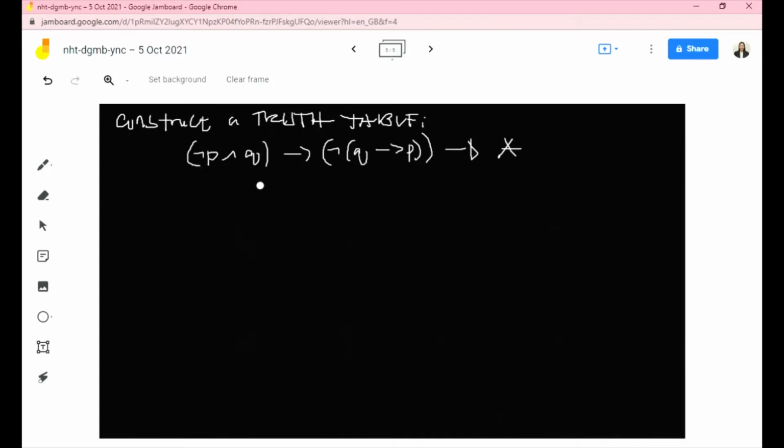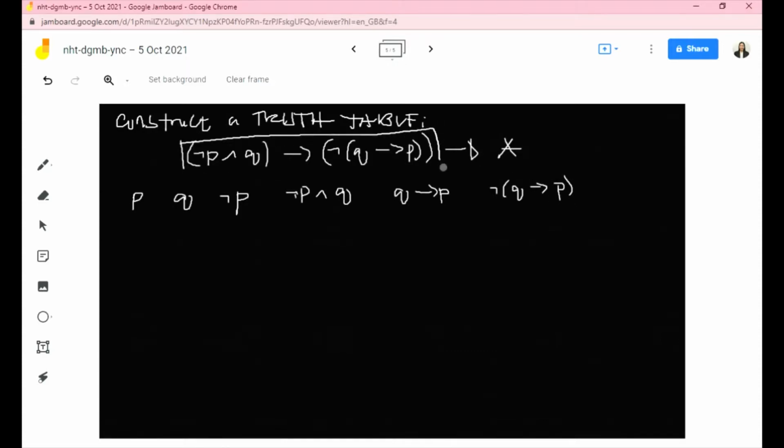So we have the first variable P, we also have Q, and then we have not P. Take note, we have a compound statement here, not P and Q. We also have the other statement here, Q implies P, and the other compound statement here, not Q implies P, and on the last column would be this entire thing, which we represent by using the capital letter A.